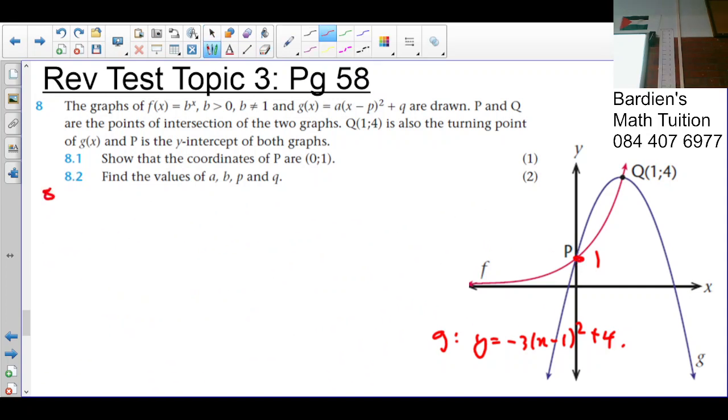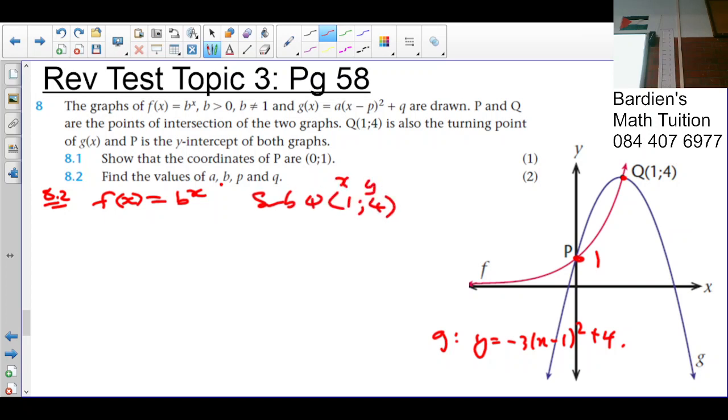So still 8.2, we haven't found the value of b. We got a, which is negative 3, we got p, which is 1, and q is 4. So how do we calculate b? If f of x is equal to b to the x, do we have a point that's lying on it? Yes, which is Q. So you substitute Q, which is 1 and 4.